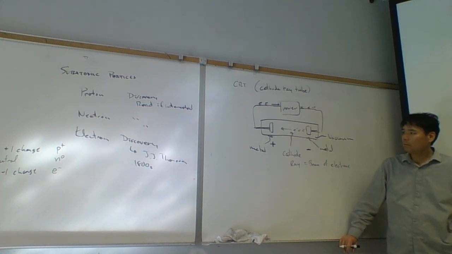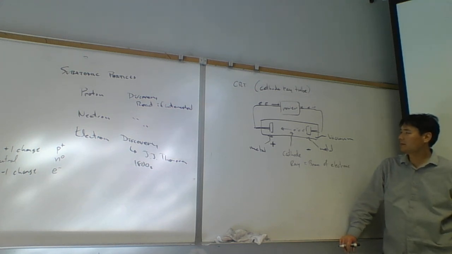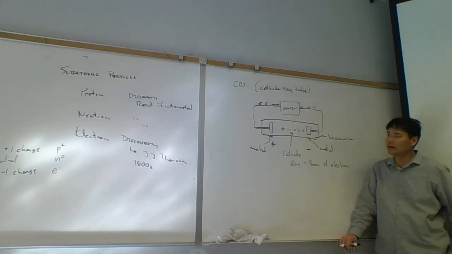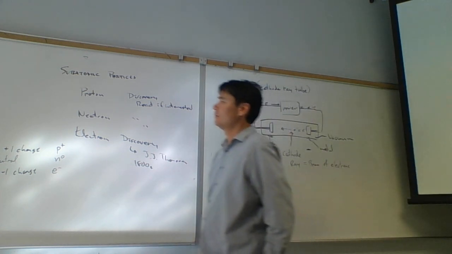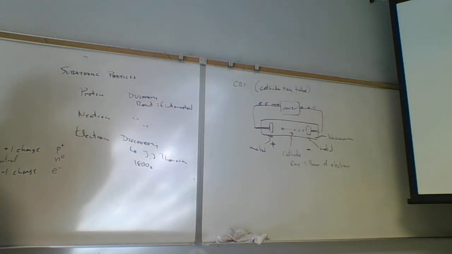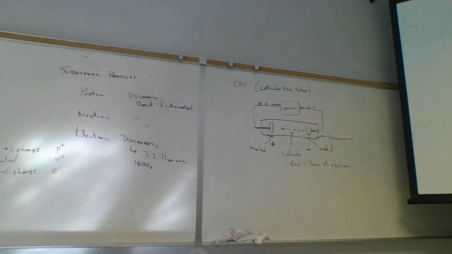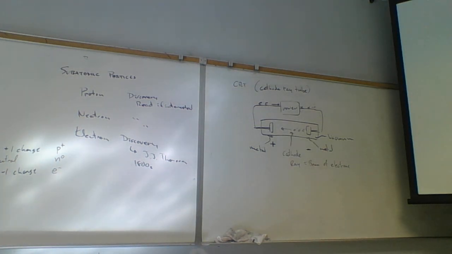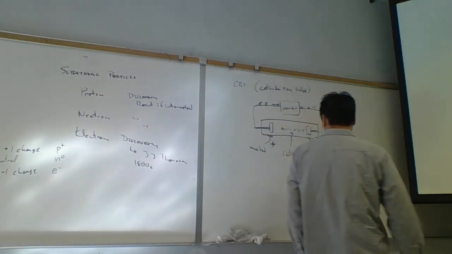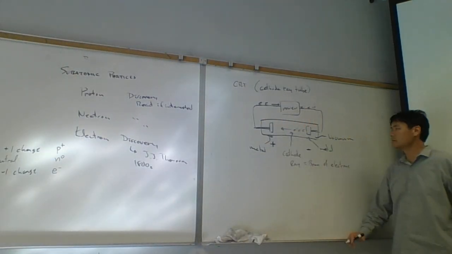Now, we know that metals are good conductors of electricity, but where does this lead to the discovery of electrons in all atoms? Because, for example, helium is not a great electrical conductor, nor is hydrogen. And so there are different things that led people to believe that electrons are a fundamental part of all atoms.